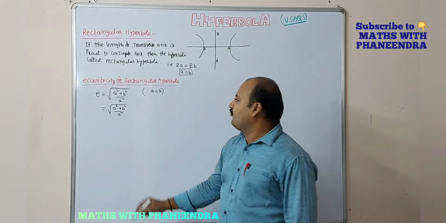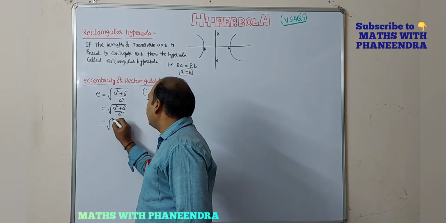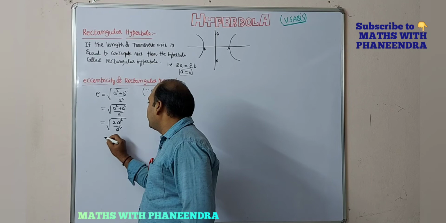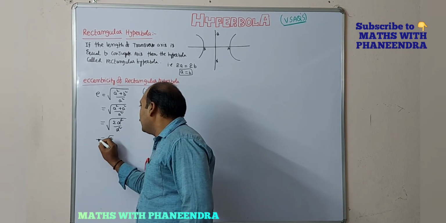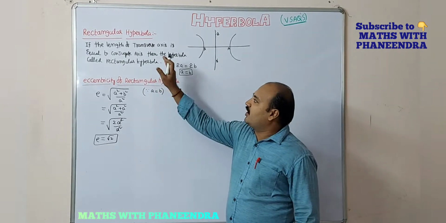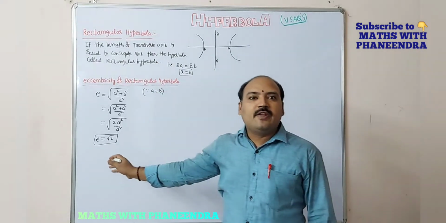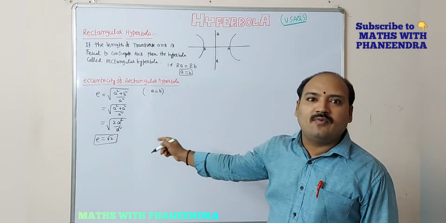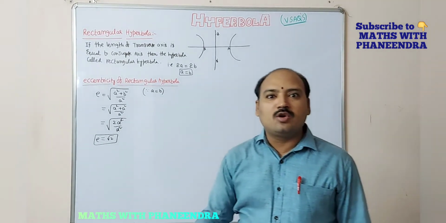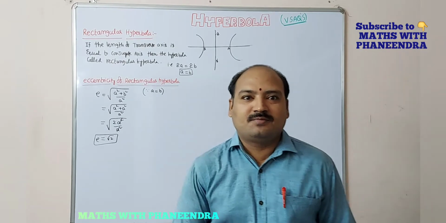So it is equal to square root of 2a square divided by a square. A square gets cancelled, root 2. So the eccentricity of the rectangular hyperbola is root 2. For the definition 1 mark, for writing the eccentricity of the rectangular hyperbola 1 mark. This is the way they will ask, dear students. Now we will move on to the next question.